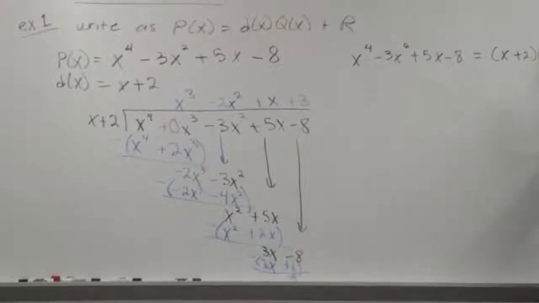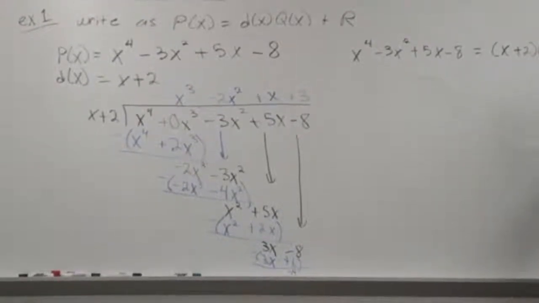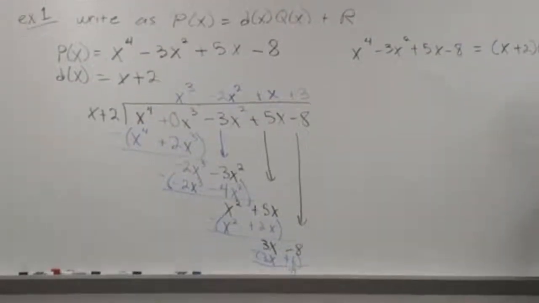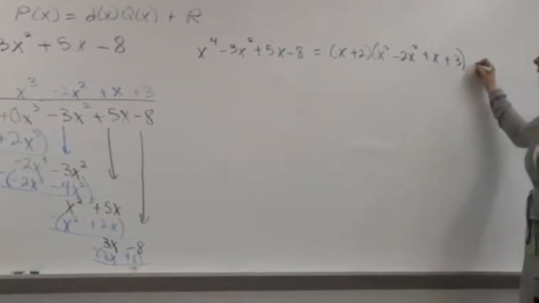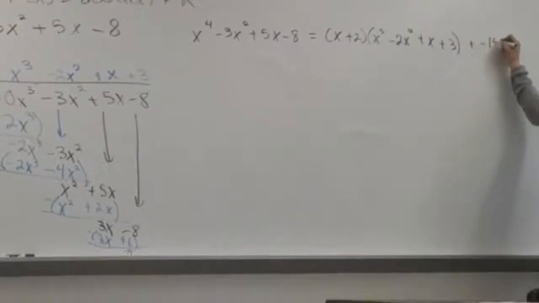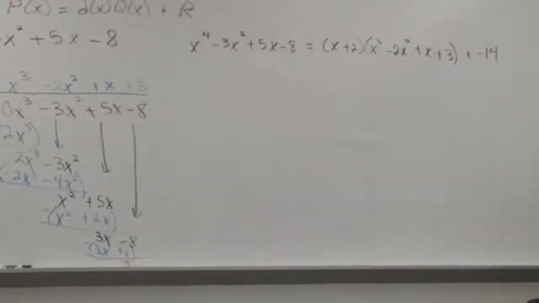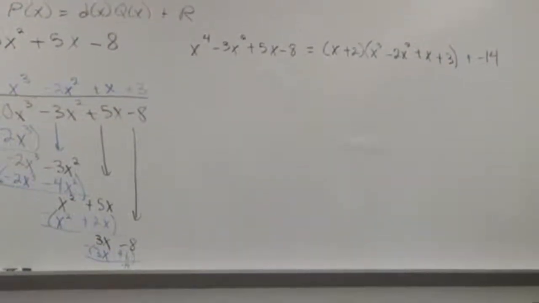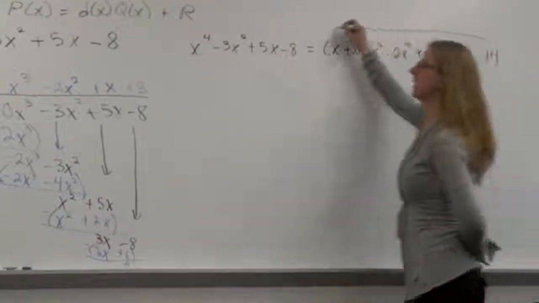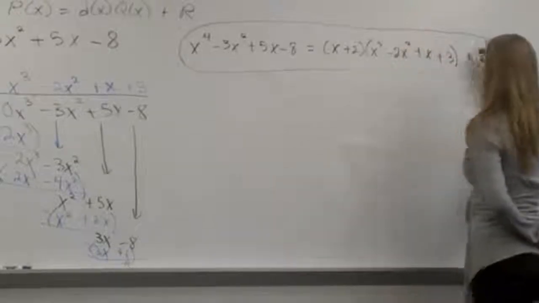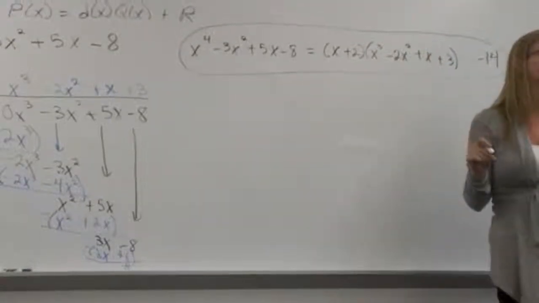X to the third minus 2x squared, the thing that we had on top. And so the r is negative 14. Would it be plus or just minus? It doesn't matter, it's the same thing. This is the answer to that question, right? Plus negative 14, or you could put just the minus if you want. It's the same.